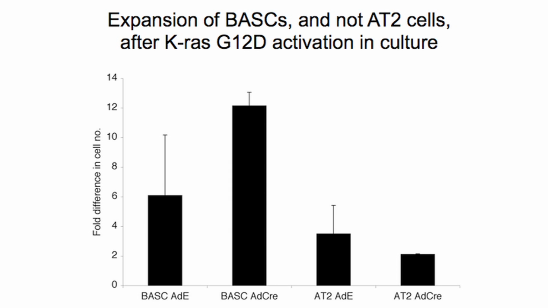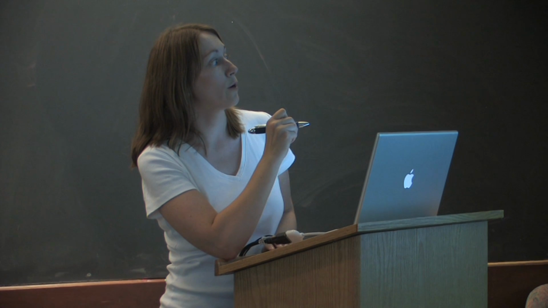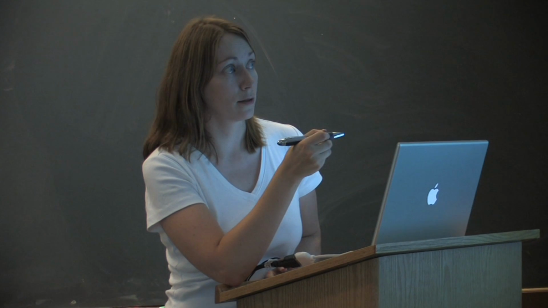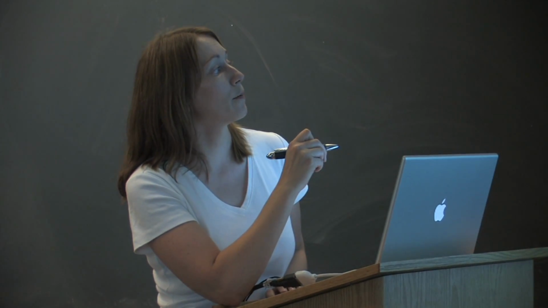So together, these data indicate to us that after insults like oncogenic KRAS or perhaps loss of other tumor suppressors, we see an increase in the number of BASCs, and that somehow this then leads to the formation of a tumor, which mostly seems to contain cells that resemble the type 2 cells, but still harbors a set of cells that share the markers of BASCs, the stem cell population we found.